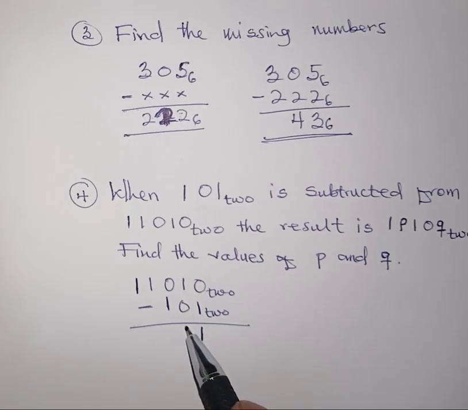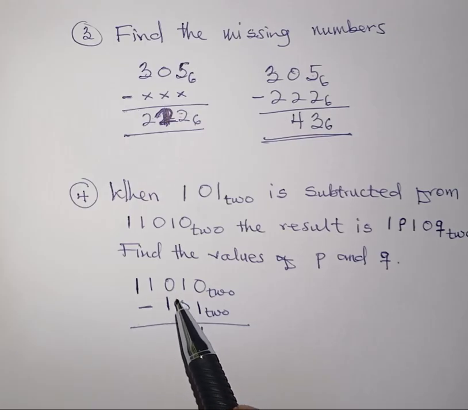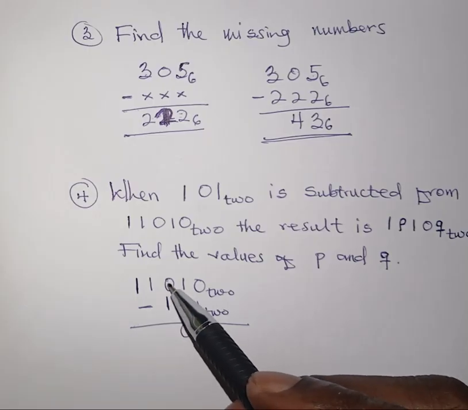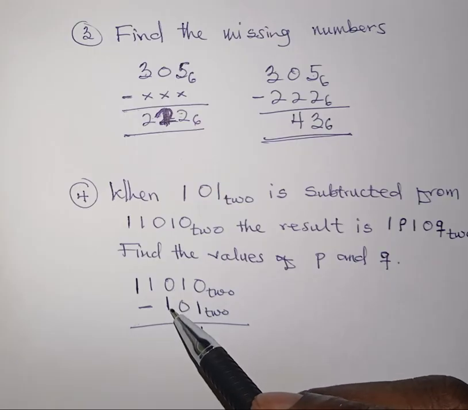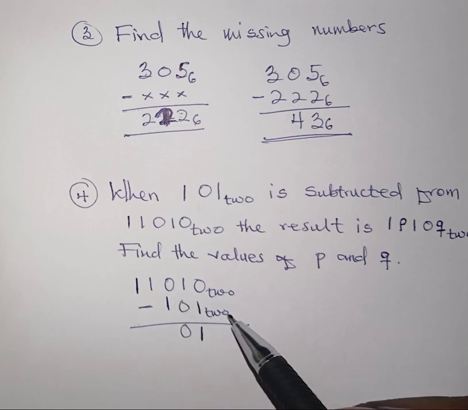So 0 minus 0 is still 0. Now here is also 0. So I will come here and subtract. Since this is also less, we also have to come here and borrow 1. If you borrow 1, it becomes 2, the base 2 here.